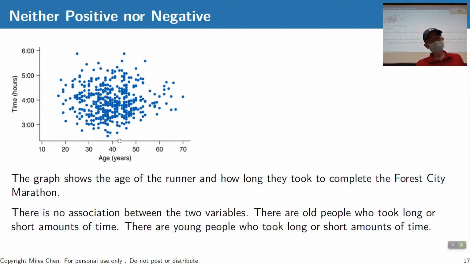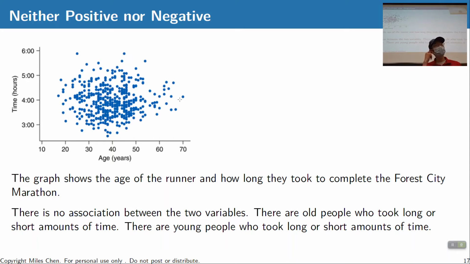We have people who are young, 18, 19, 20, and some of them had fast completion times, around 3 hours, and some took longer, closer to 5 hours. Around age 40, we have people with quick race times and people with slower race times. Age 50, quick and slower. Age 60, quicker and slower.